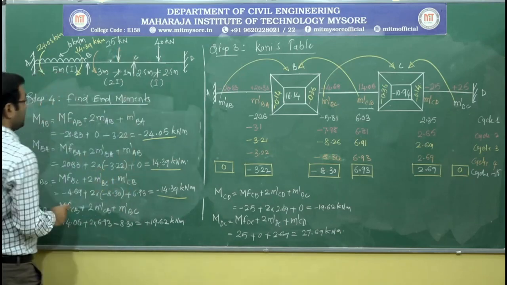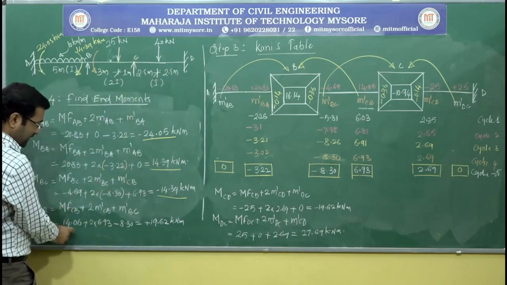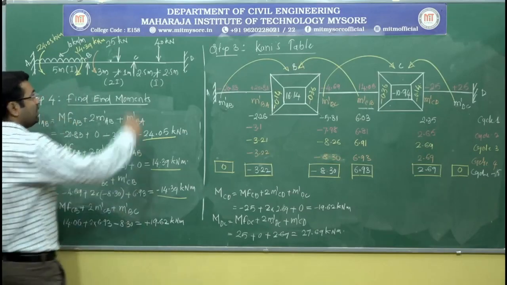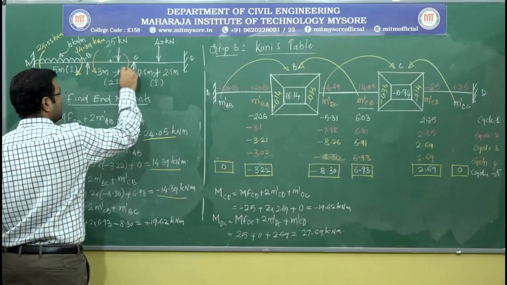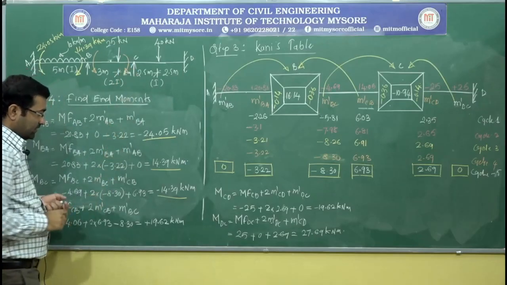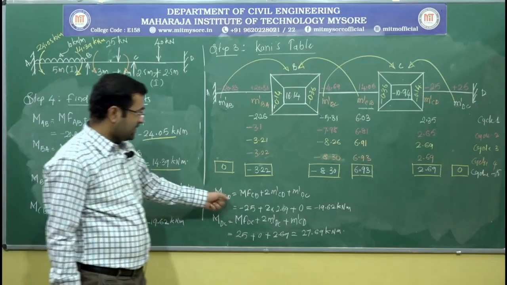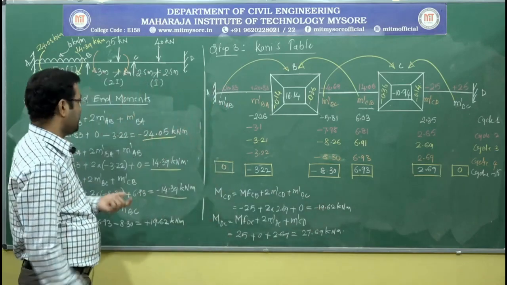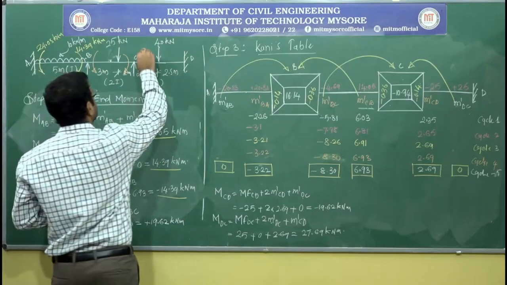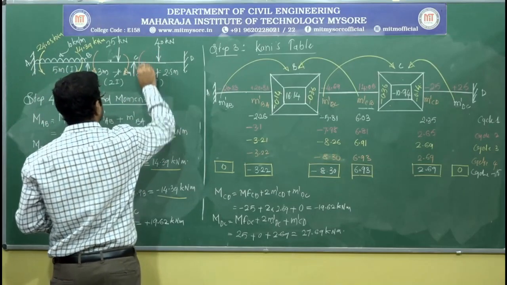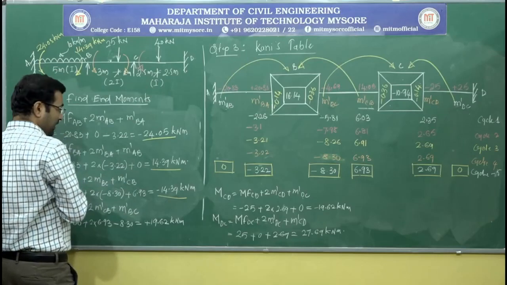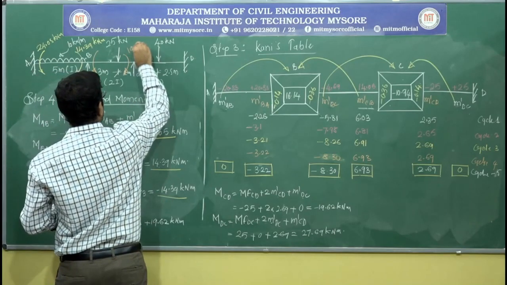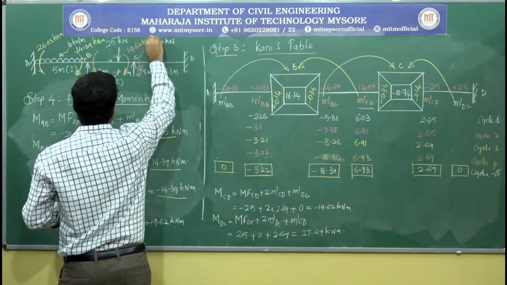For the CB member, you can see it is 19.62. It's a positive value. Positive value means it is clockwise in direction, right? And MCD, we got the same value but negative direction. It is anticlockwise in direction. So the magnitude is 19.62 kilonewton meter.